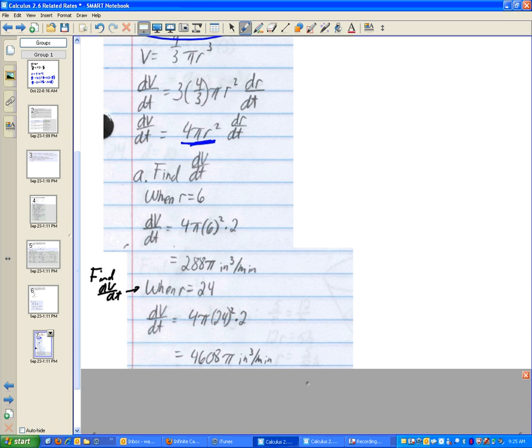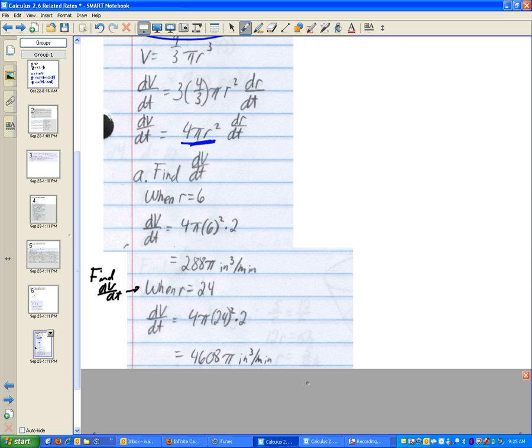Everybody get what I got? Now, could we find dV dt when r equals 7? When r equals 12? When r equals 32? Now that we've got the formula, we can find it for any r we want.